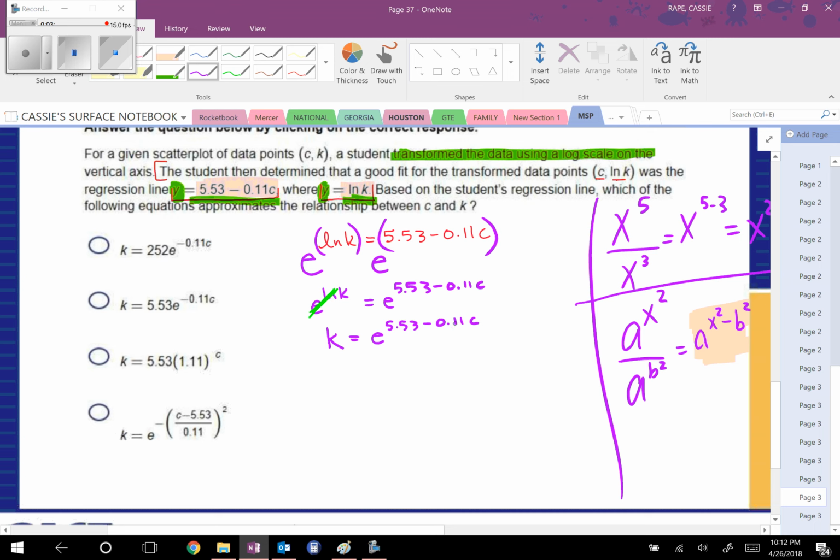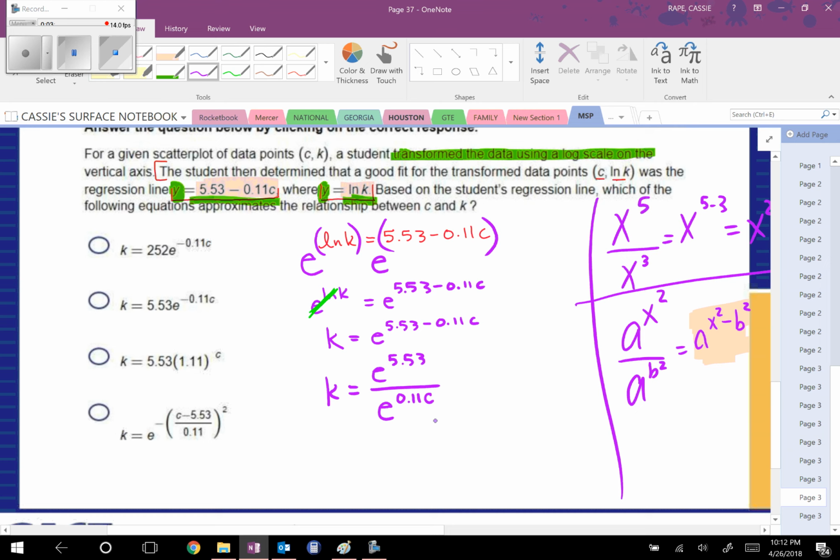I can rewrite that as k is equal to e to the 5.53 over e to the 0.11 c. All right. Now, the reason that that's important is because the denominator still has a variable, but the numerator no longer has a variable. It's e to the 5.53.